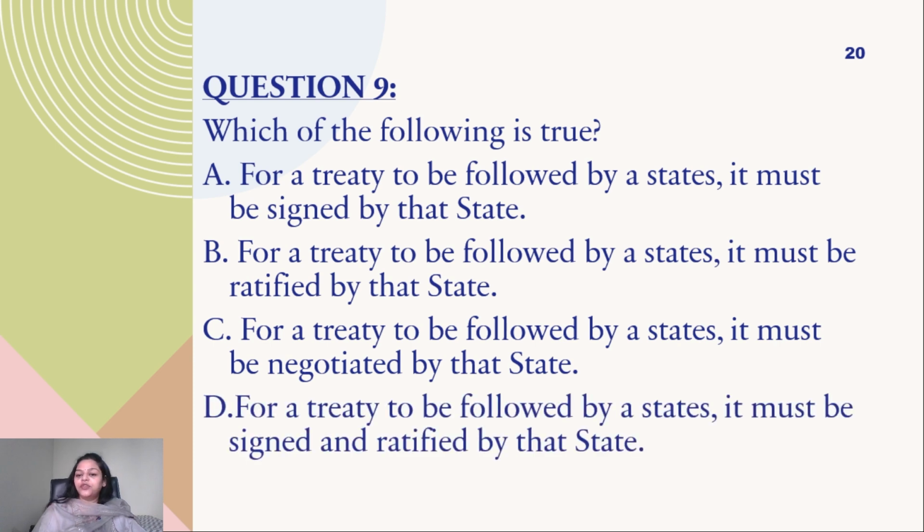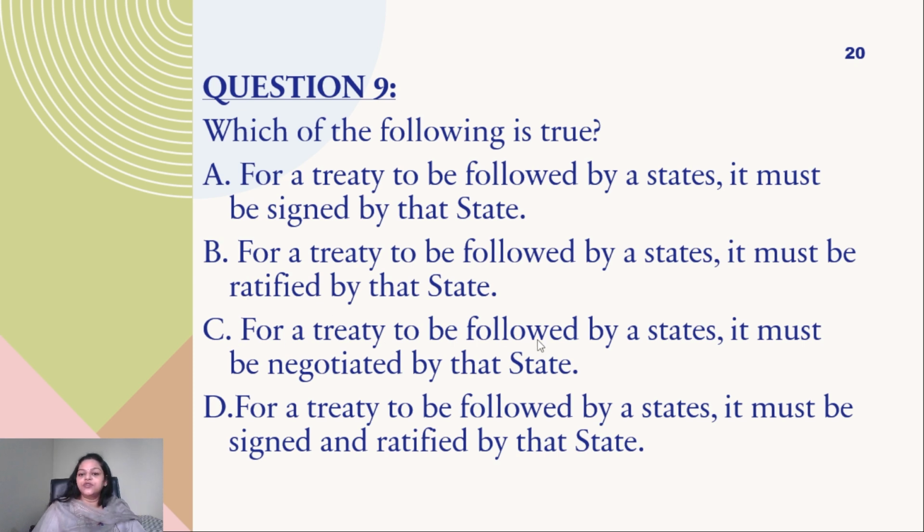D. For a treaty to be followed by states, it must be signed and ratified by that state, right? So here A says it must be signed. Mere signing does not make a state obliged to follow the treaty. We just discussed this. So A is not correct. B says it must be ratified by the state. This looks to be correct.